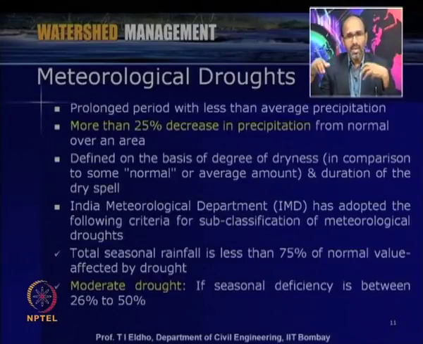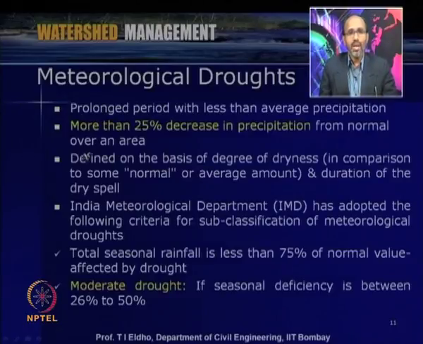That is maybe we can say mild drought. When the precipitation is 50% decrease with respect to normal, then we can say moderate, and when the rainfall is 75% decrease with respect to the normal condition, then we will say severe drought conditions.